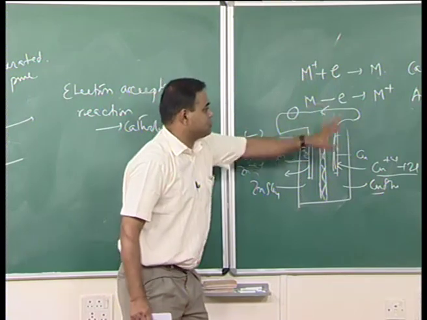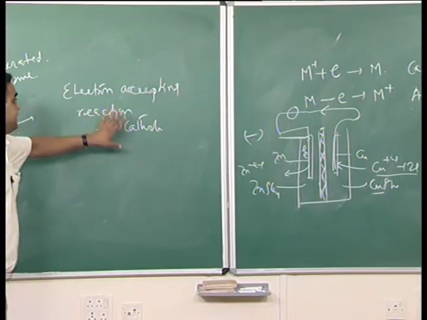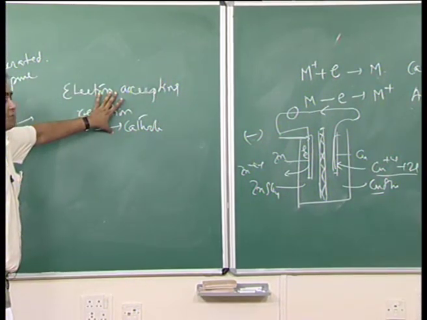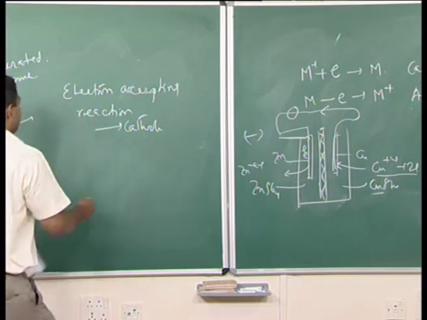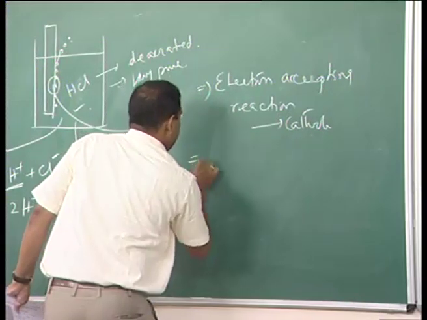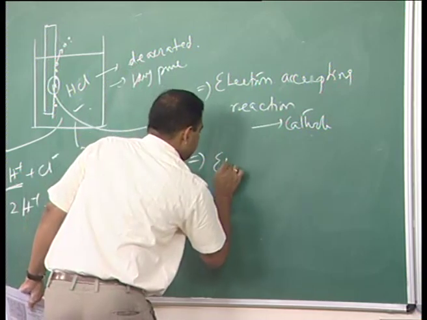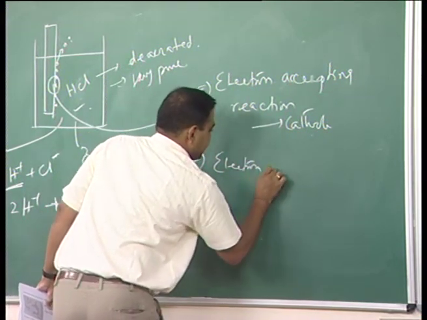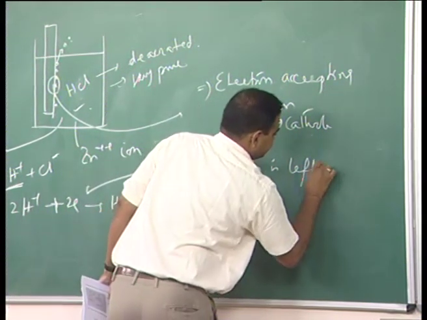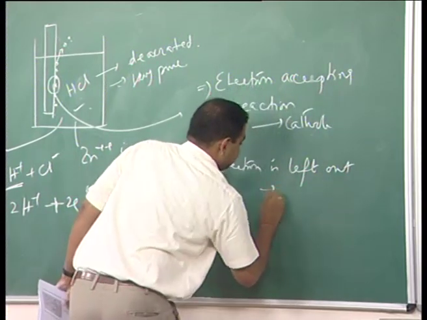Whether it's negative or positive, it doesn't matter. If an electron accepting reaction is taking place on some surface, this is the cathode. And where another process in which the electron is left out takes place, that is the anode.